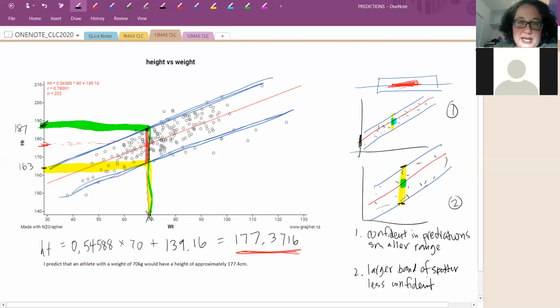So if we go back to our example, we can now add some more information.